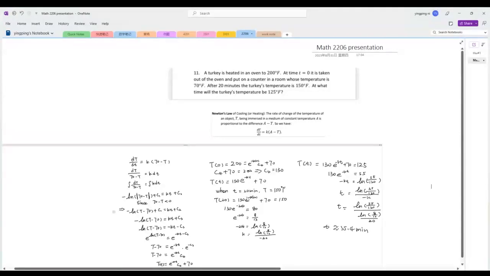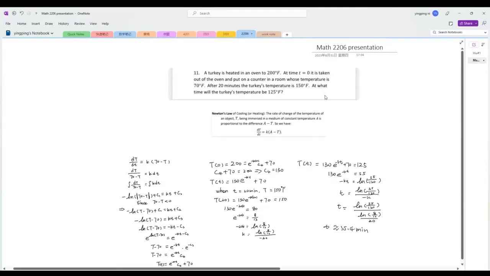When t equals 20 minutes, the temperature is 150. So T of 20 is 130 e to the negative 20k plus 70 equals 150. We get k equal to ln of 8 over 13, over negative 20.